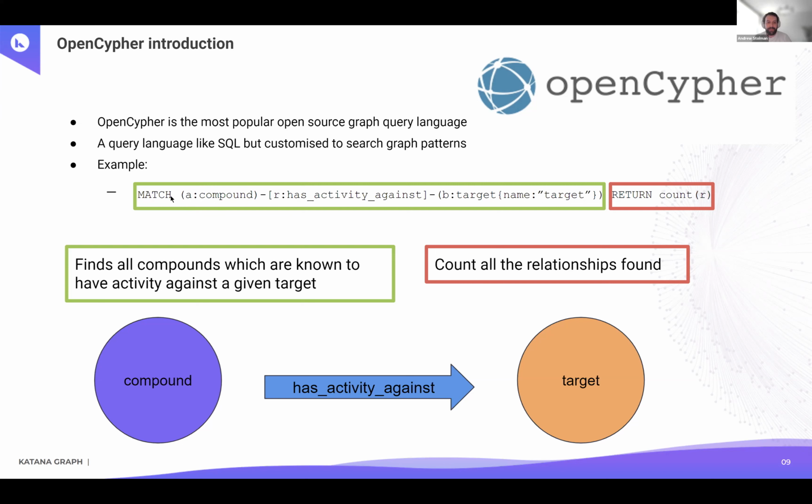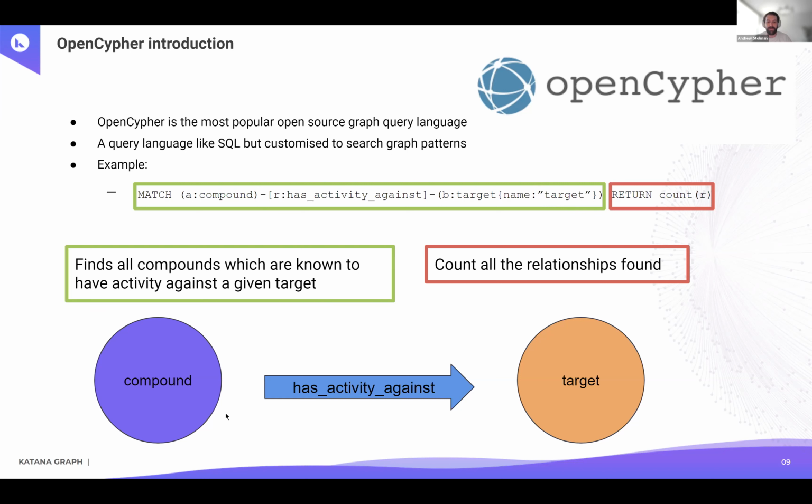You can see this pattern part. What I'm saying is I want the system to find all nodes of type compound. That's what the colon means, find type compound, where the edges are of type has activity against, and the target is some specific target, where here I just gave it the name target. So what this part does is it finds all compounds which are known to have activity against a given target.